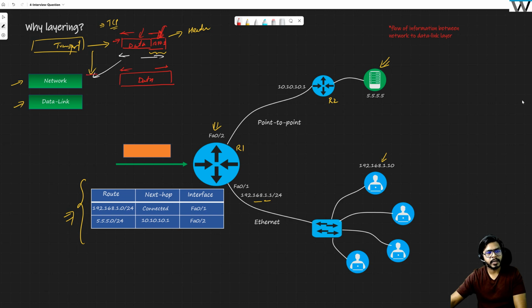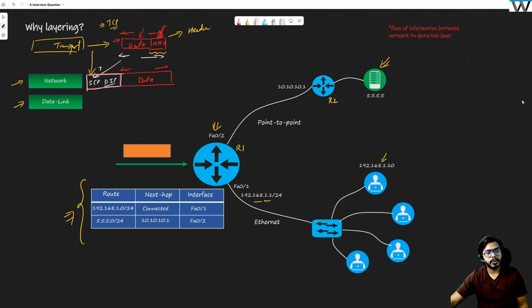And now the network layer is going to put some more information, right? Let's draw that information in white color. What is this information? It is going to put the IP addresses here, the source IP address and the destination IP address.